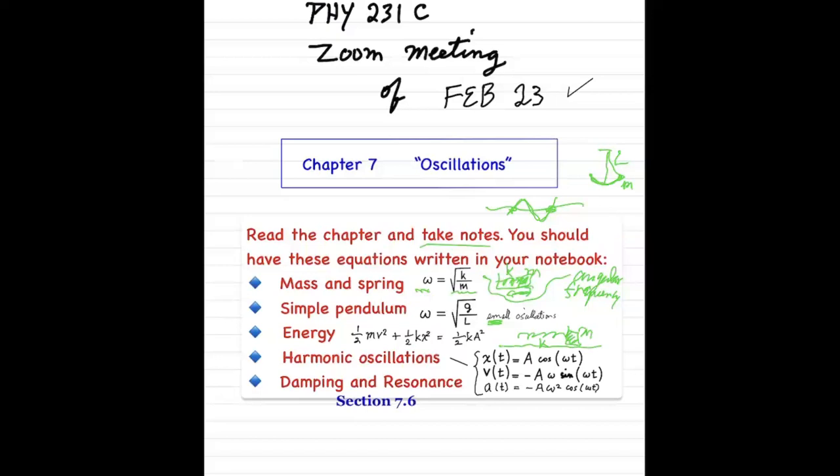There'll be two kinds of energy. There'll be the kinetic energy of the mass, that's 1/2 mv squared. And there'll be the potential energy of the spring, that's 1/2 kx squared. So these are results that we had from a previous chapter, really chapter 5, kinetic energy and potential energy.